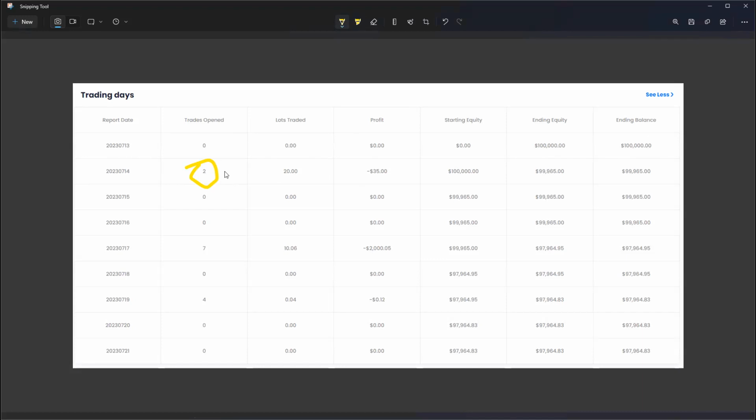Now those 2 trades were a death cross. And then unfortunately that day, and I've shown you guys on the charts, the price was consolidating. So I had a death cross that hit stop loss, but then I also had a golden cross that hit full TP.